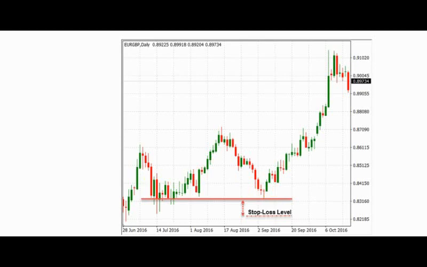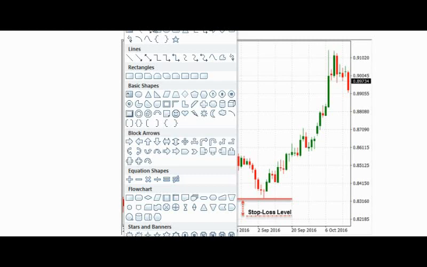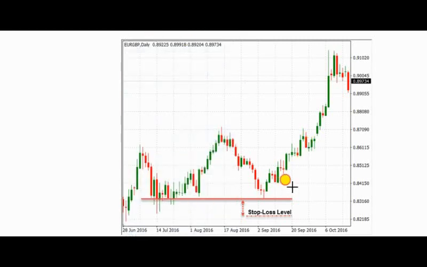And when you see that, what you're actually looking at right here is an area where price is finding support, and it came and tried to break this level.